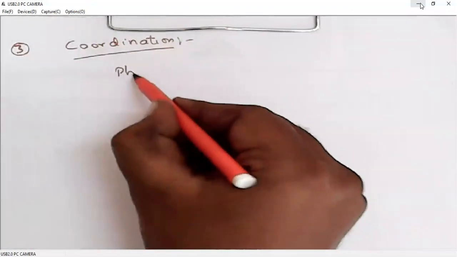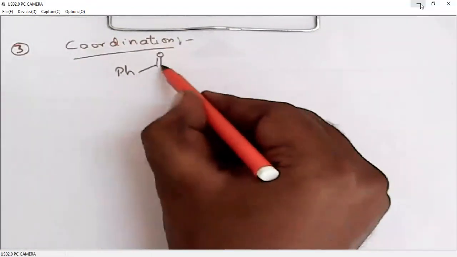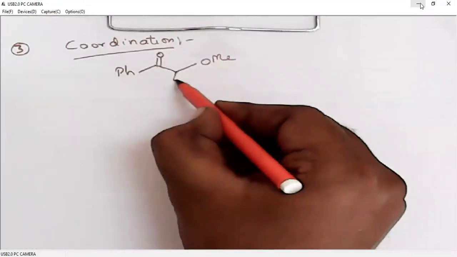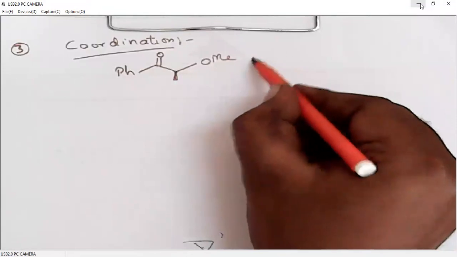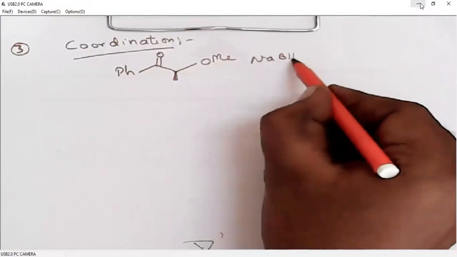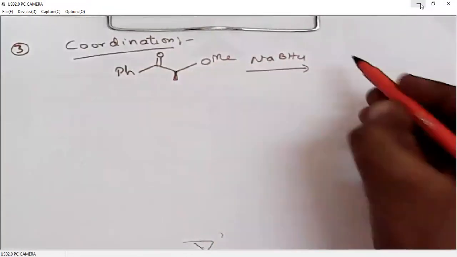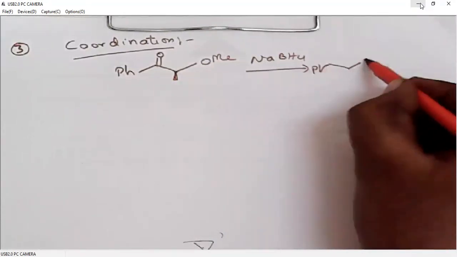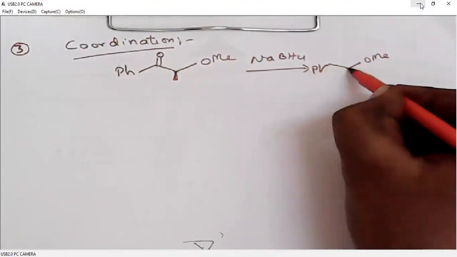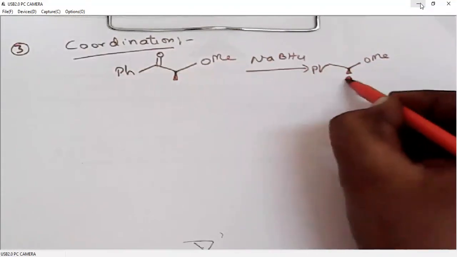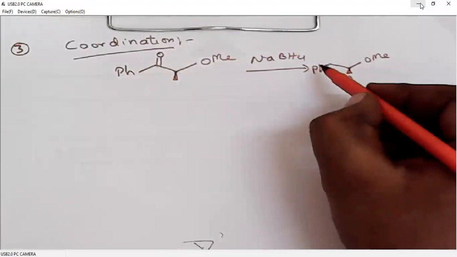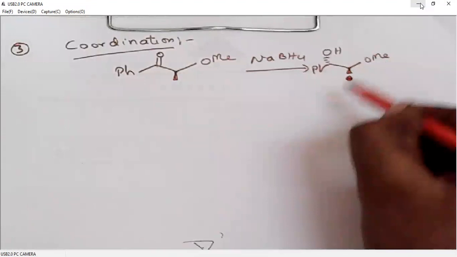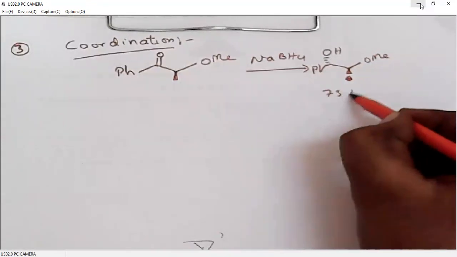For example, when this compound is treated with sodium borohydride, the product will be anti. So it is 73%.